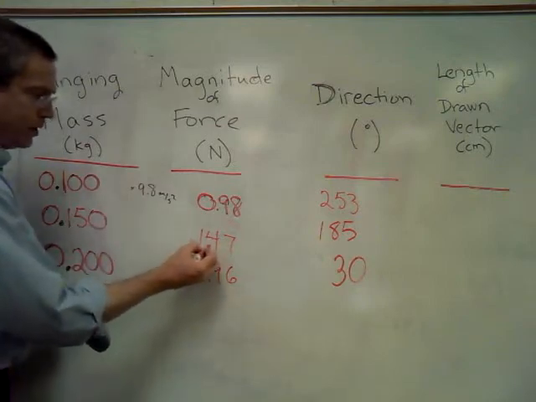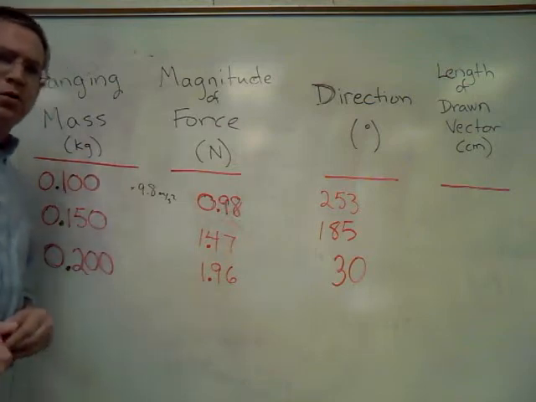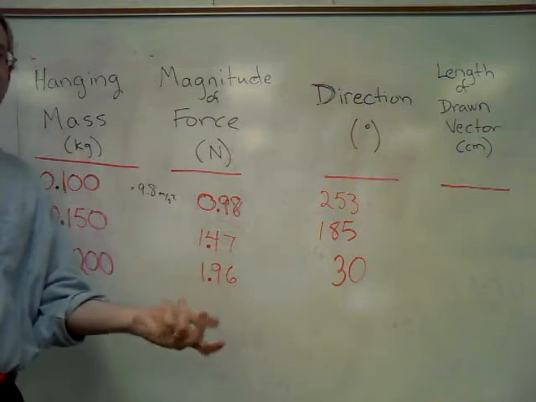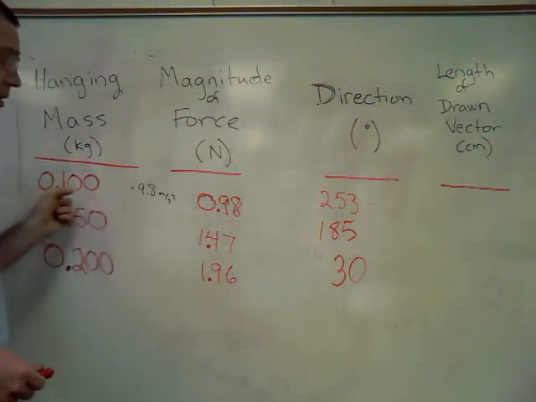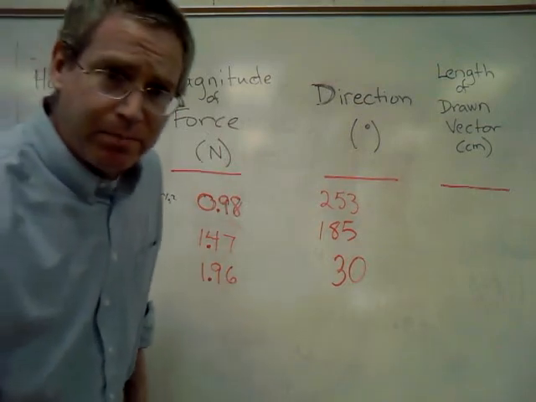And again, decimal point here, drawn bigger just so it shows up on the videotape. All right, so that is the first part of this. The magnitude of force is equal to the weight. Ultimately, it's the weight hanging off the end. And so I have to figure out what is the weight of this mass, and it involves multiplying times 9.8 meters per second squared. All right, part 2 coming up soon.